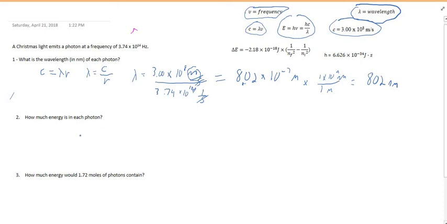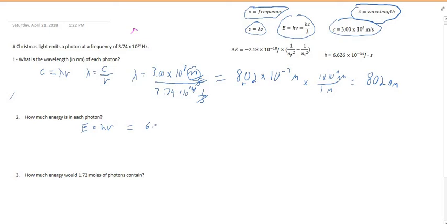How much energy is in each photon? Well, I have several ways of figuring that one out now. I'm going to use E equals h, which is Planck's constant, times the frequency. And so we can just plug and play right now. Planck's constant is given.